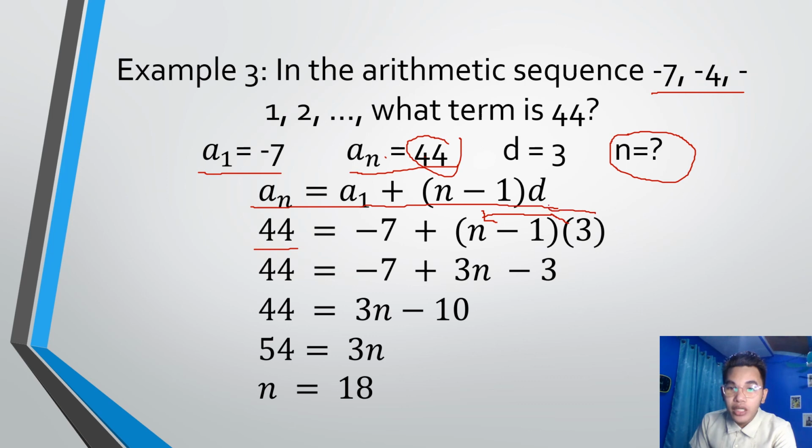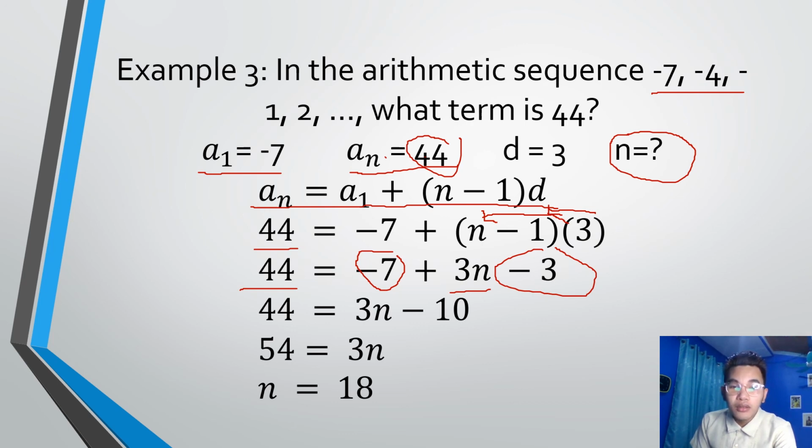Then, 3 times 1, we have negative 3. 3 times negative 1 is negative 3. Then 44 is equal to negative 7 plus 3n minus 3. So you just combine them. The result is 3n minus 10.